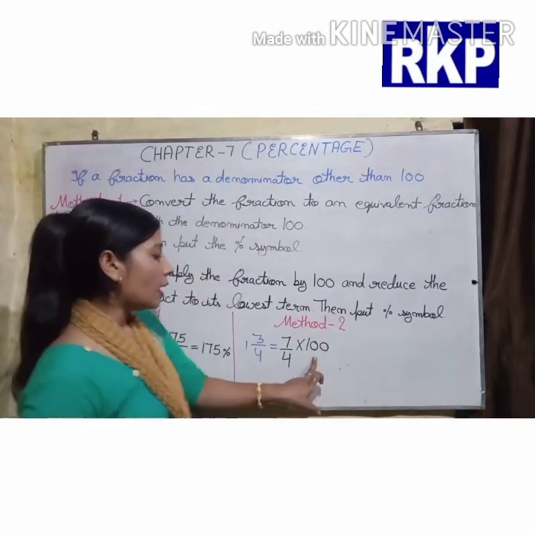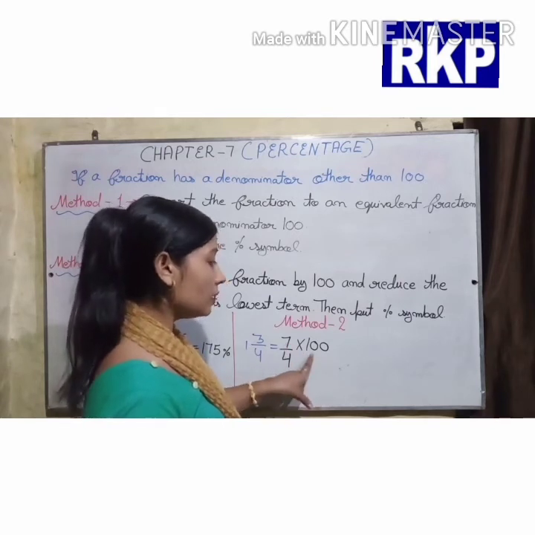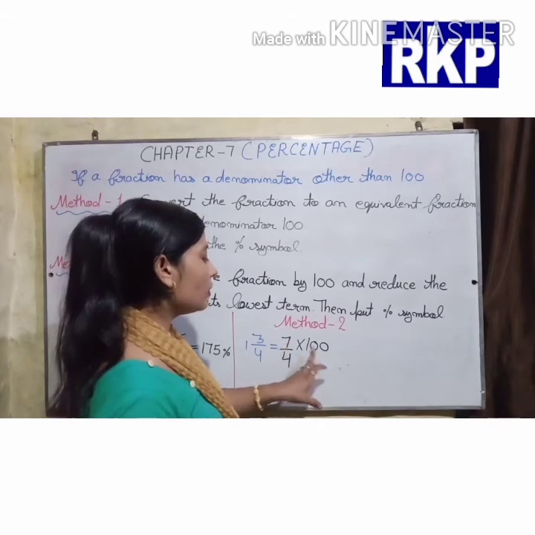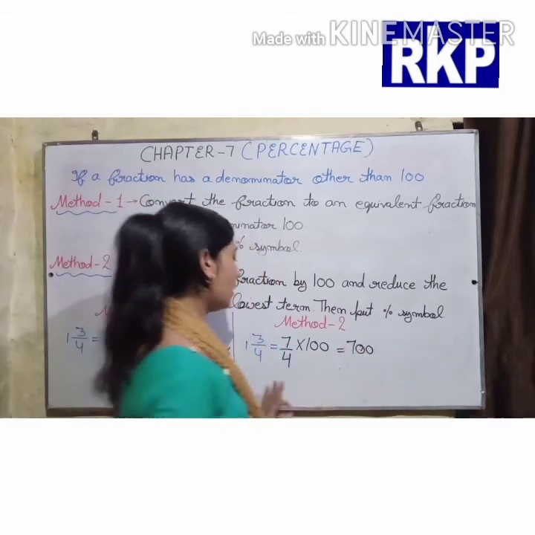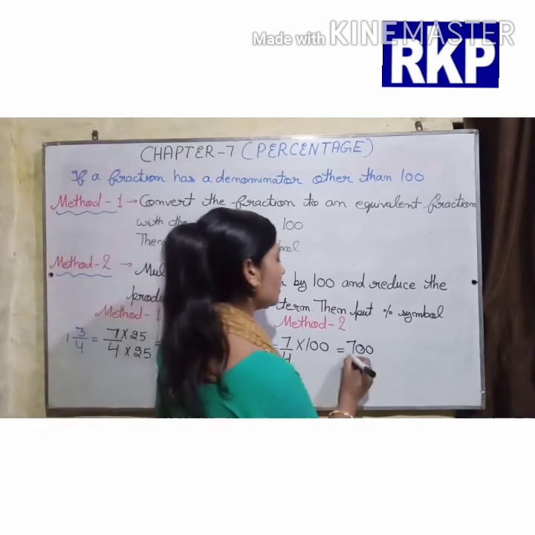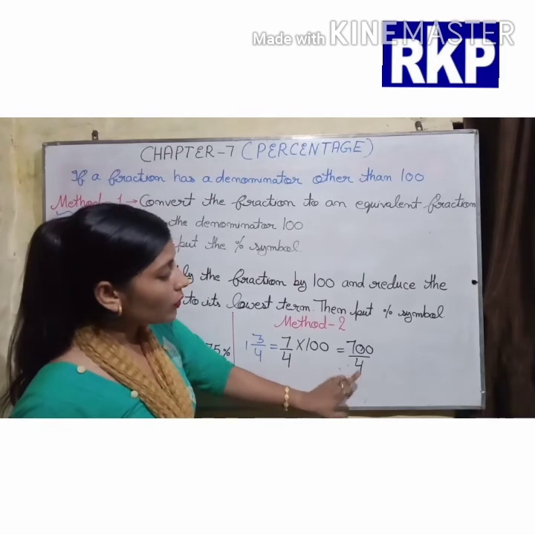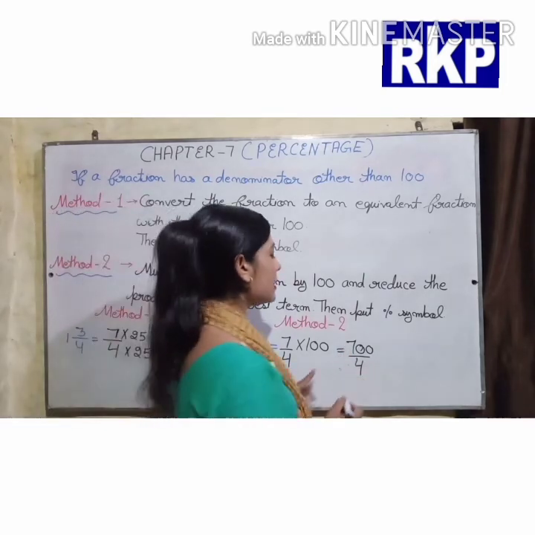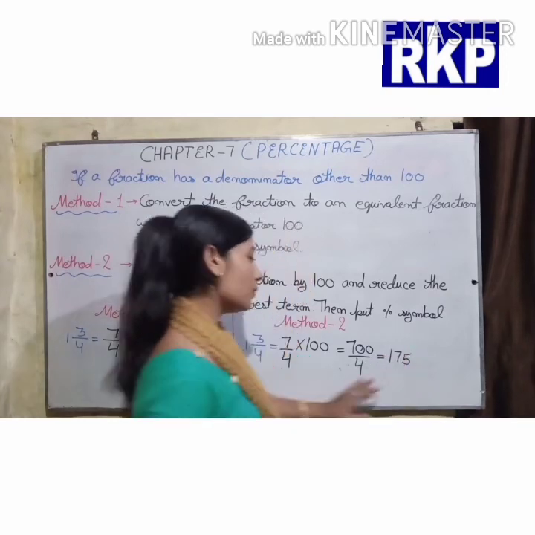Now we can multiply 7 with 100. And if we multiply 7 with 100, we get 700. And as a denominator we have 4. Now it means we have to divide 700 by 4. If we divide 700 by 4, we get 175.